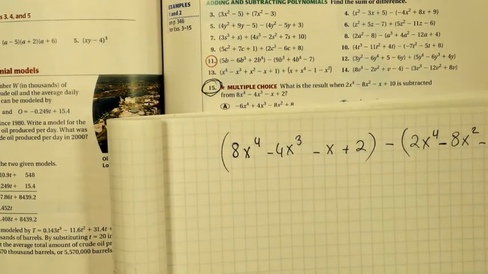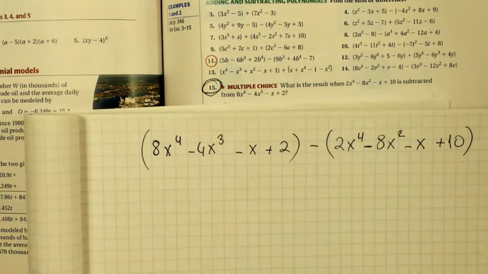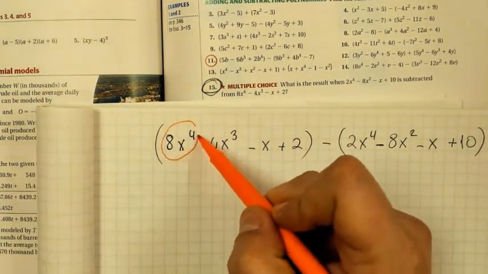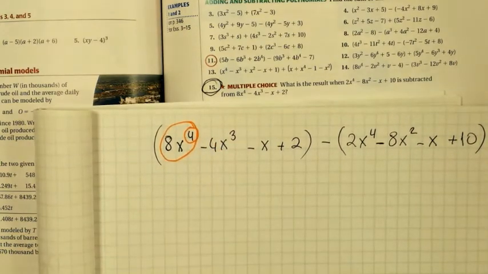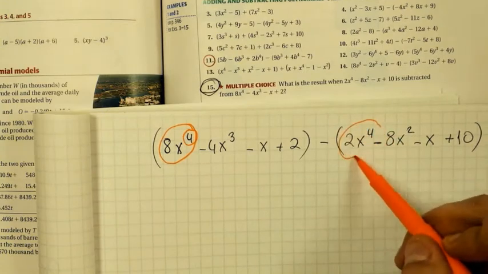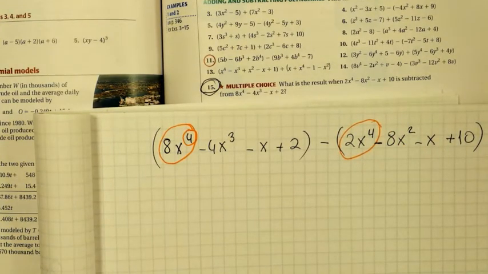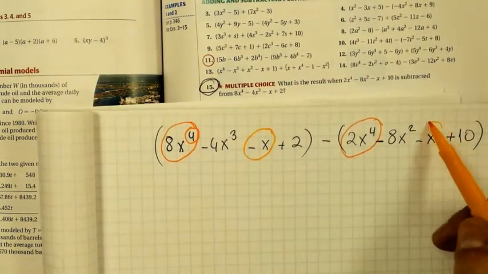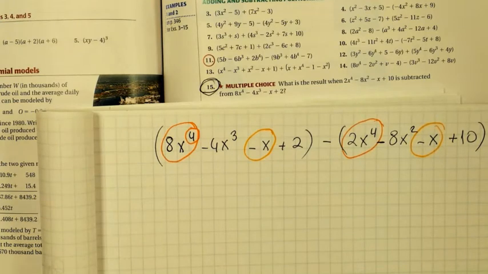Now, I want you guys to pay attention to the like terms. So when we're talking about like terms in polynomials, that is the exponent. They need to be alike. So 8x to the fourth and 2x to the fourth are like terms, as well as I have an x term, negative x, negative x.